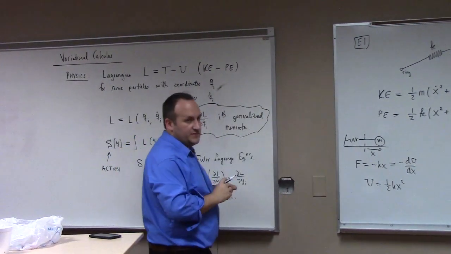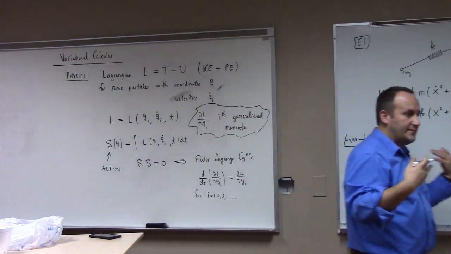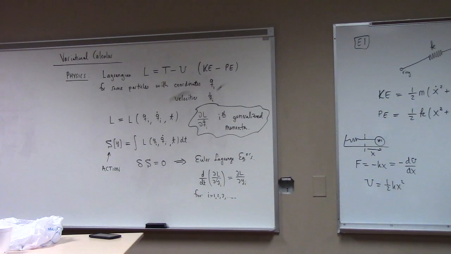Of course, that will reduce to just ordinary garden variety m times v for a Cartesian coordinate or for a linear coordinate like the radial coordinate. But for an angular coordinate like theta, it will give you angular momentum.